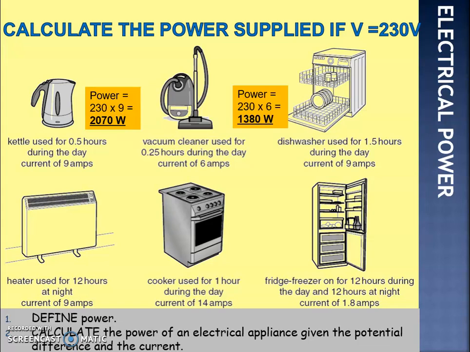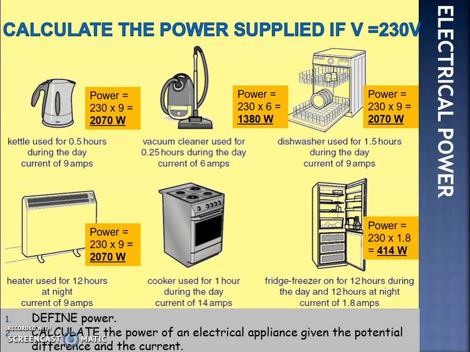The vacuum cleaner, 1380 watts. The dishwasher, 2070 watts. The heater, 2070 watts. The fridge freezer, 414 watts. And the cooker, 3220 watts.